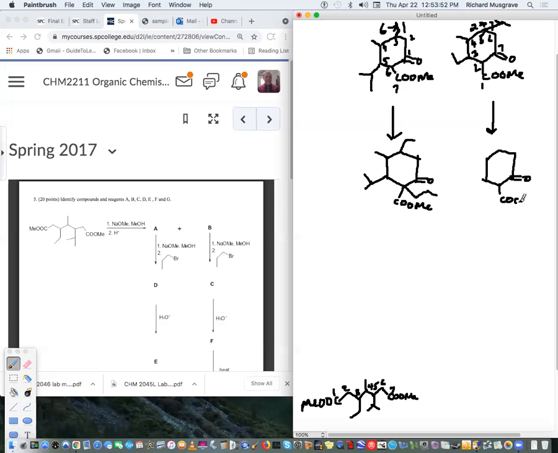So this is mimicking now the acetoacetic ester synthesis that was in the previous problem on the test. Any questions so far?